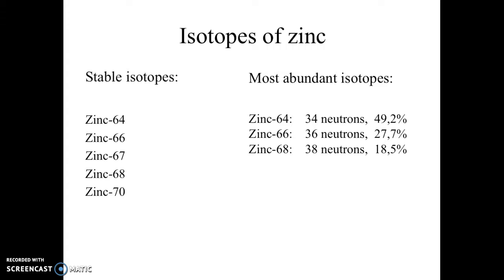Zinc 66 is the second most abundant and has an abundance of 27.7% and has 36 neutrons. The third most abundant is zinc 68 with an abundance of 18.5%. Zinc 68 consists of 38 neutrons.